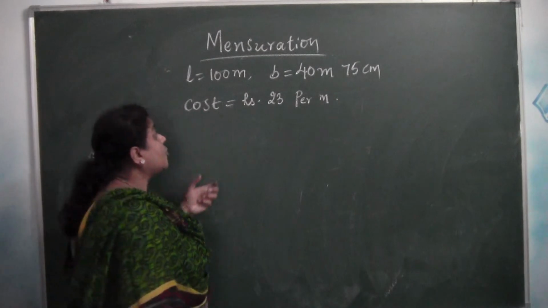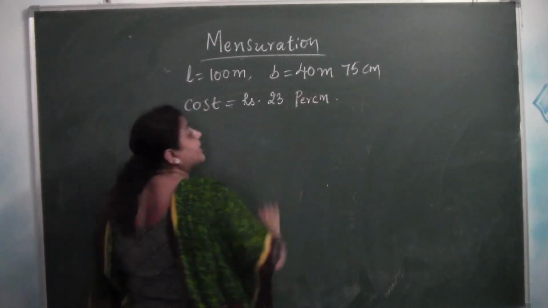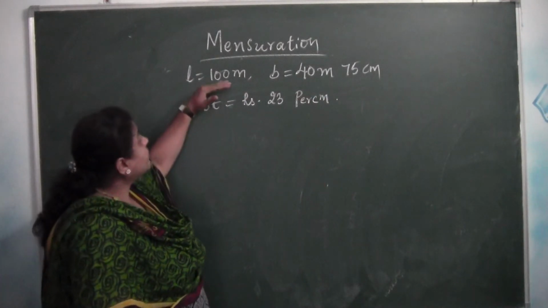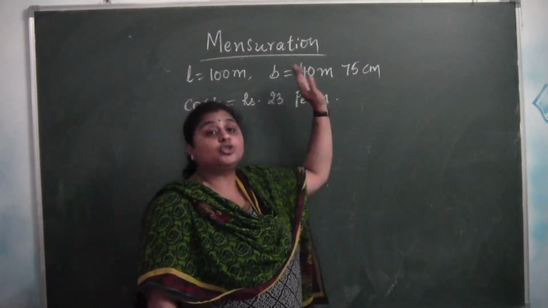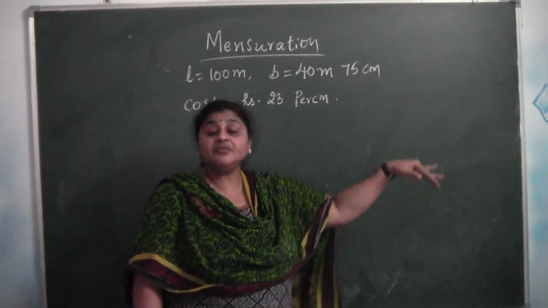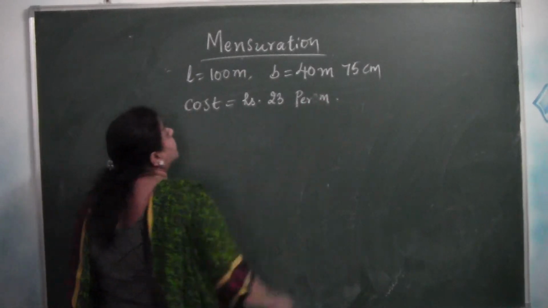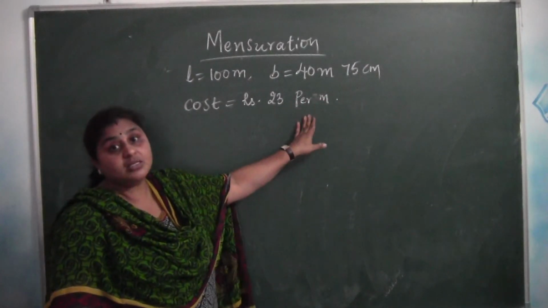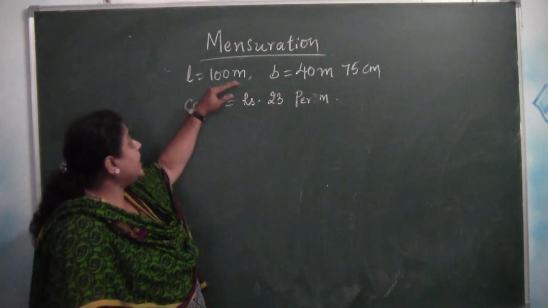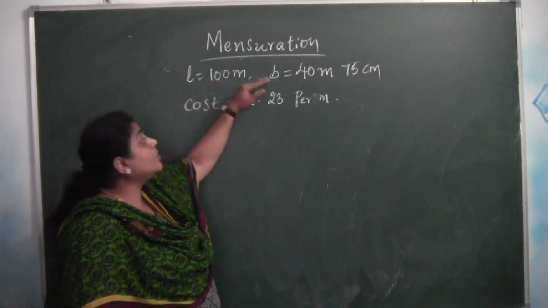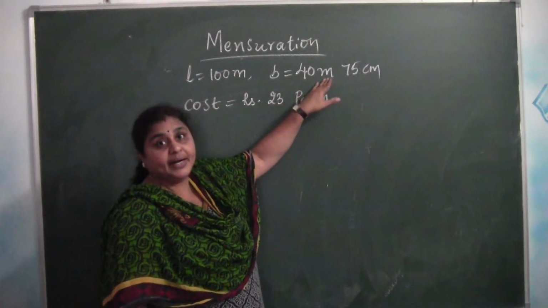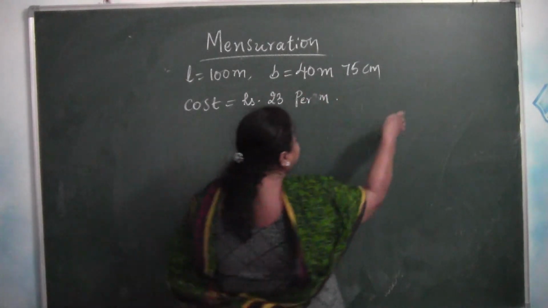It means we need to check whether length and breadth are in terms of meters or not. If they had given the cost as 23 per centimeter, then we would have to convert length and breadth to centimeters and then calculate. But here they have given the cost as 23 rupees per meter. So length is already in terms of meters, only we need to convert the breadth. Okay, so what will we do?